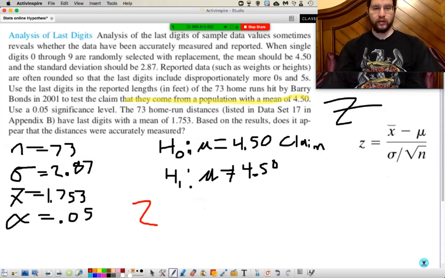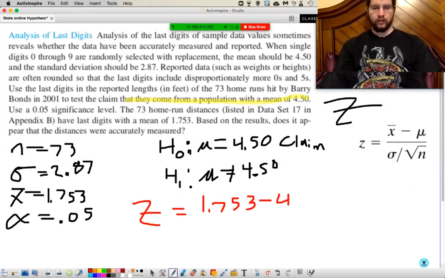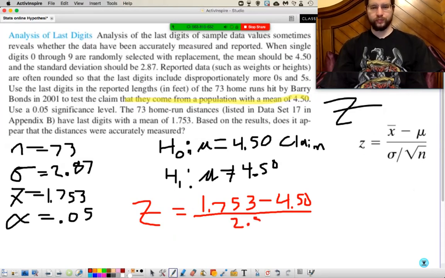So in this problem here, we have a z-test going on. Z equals our critical value, 1.753 minus 4.50 over the standard deviation, 2.87 over the square root of n, 73.